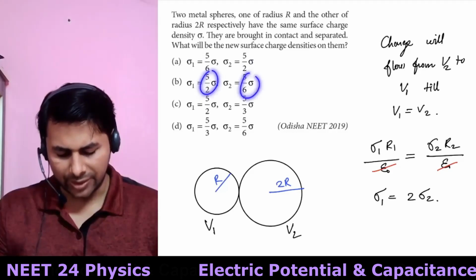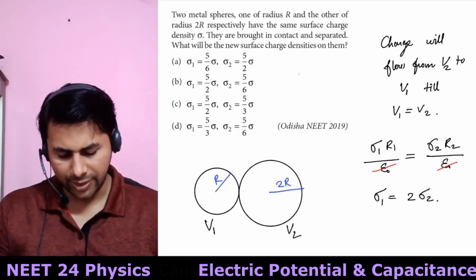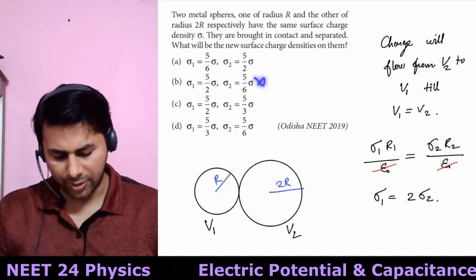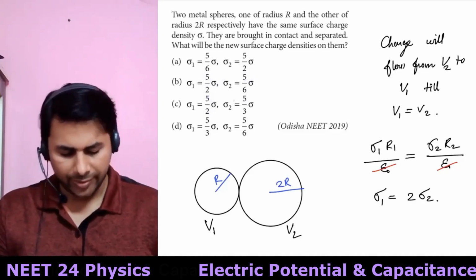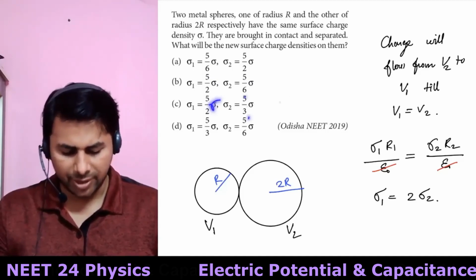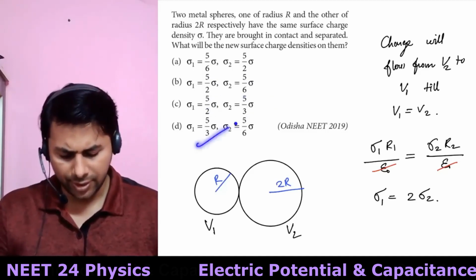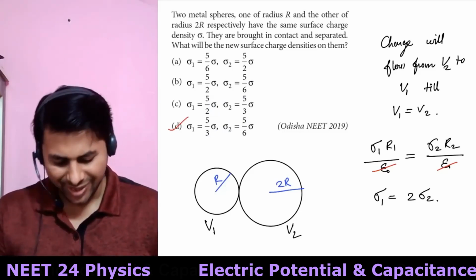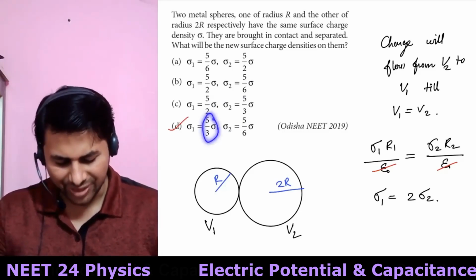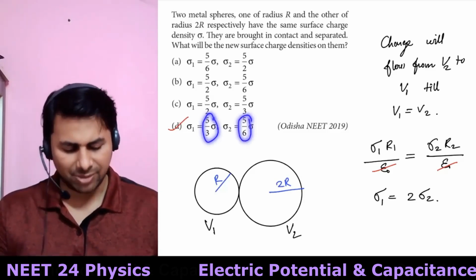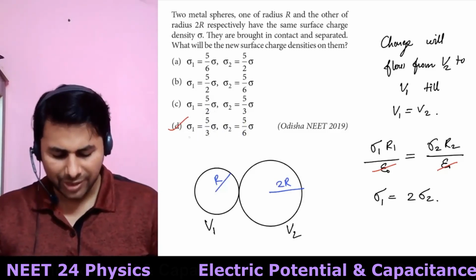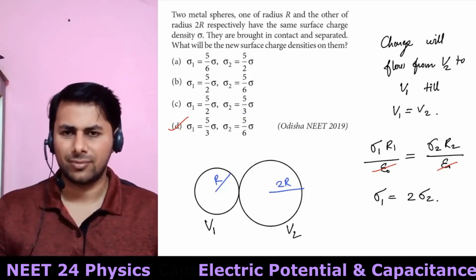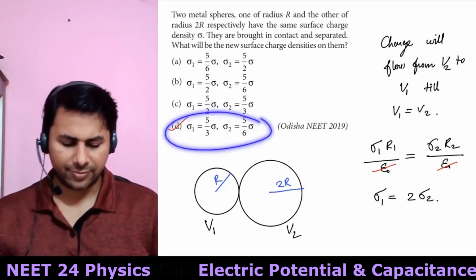This is 5 by 2 times sigma, this is 5 by 6 times sigma, so this is also not correct. This is 5 by 2 times sigma, this is 5 by 3 times sigma, so this is also not correct. So it is option B then, if three are not correct. But let's check this one also. Sigma 1 is 5 by 3 times sigma, sigma 2 is 5 by 6 times sigma. That means sigma 1 is 2 times sigma 2, right? So this is the answer.